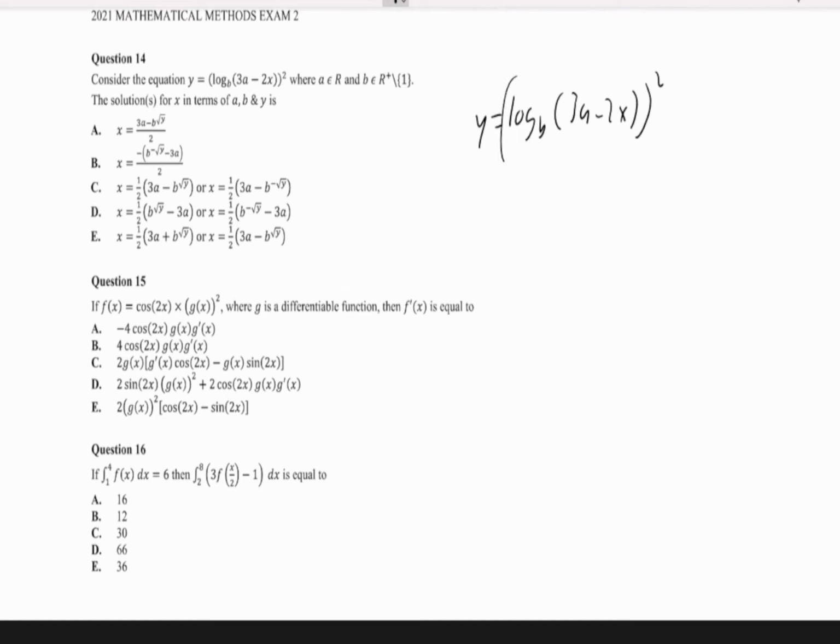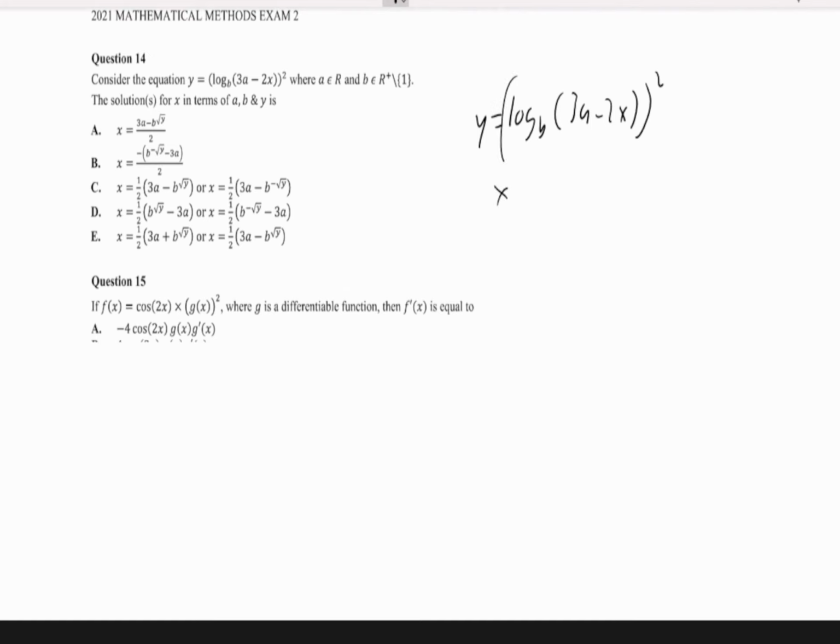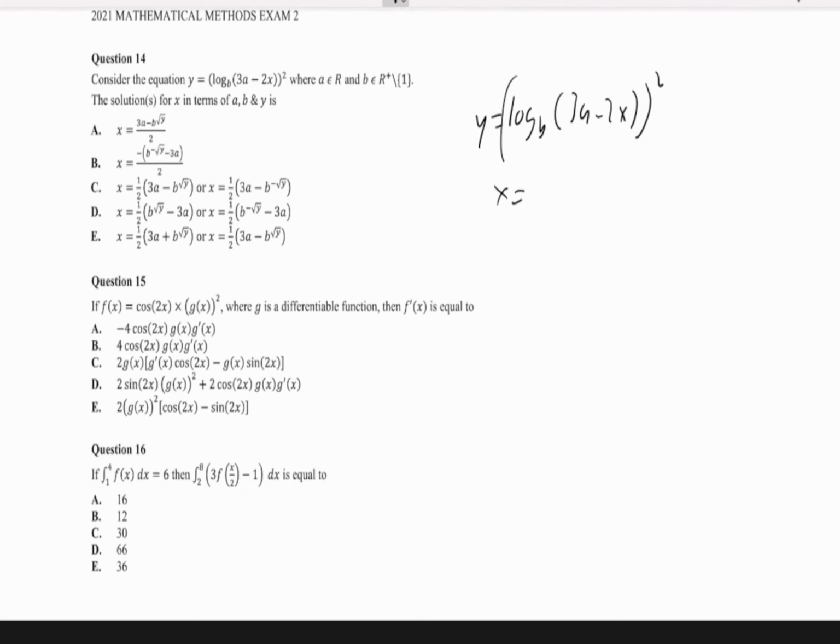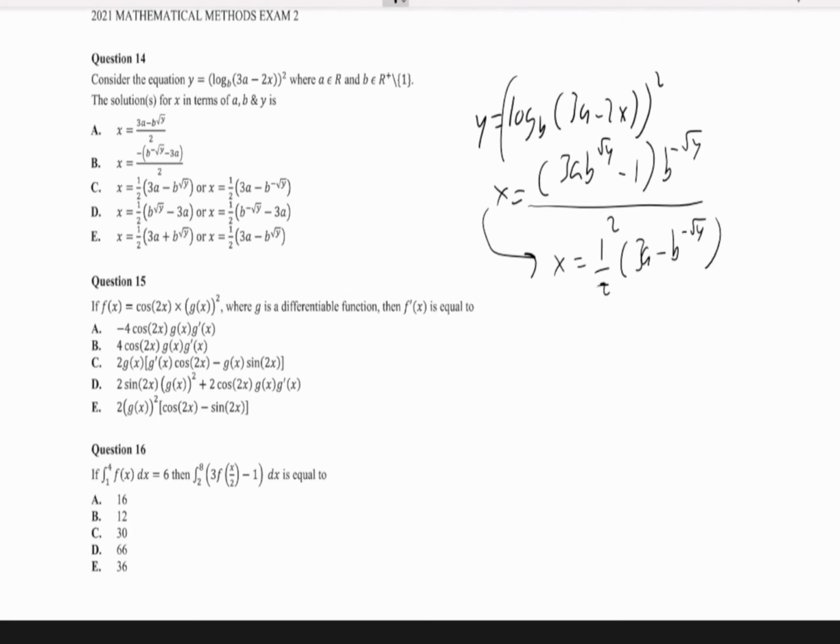I just solved that, and it gives you x equals 3ab y minus 1 times b to the power of negative y divided by 2, and you can further transform that into x equals negative half, positive half, 3a minus b to the power of negative y. This is the same thing. And that would be option C.